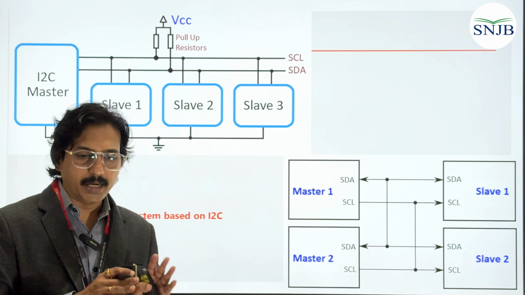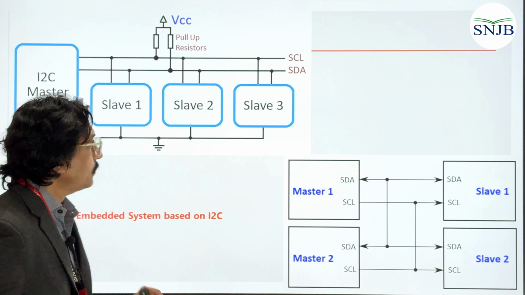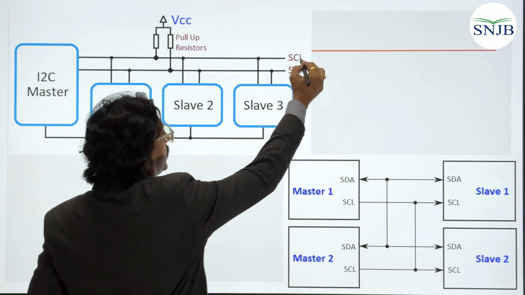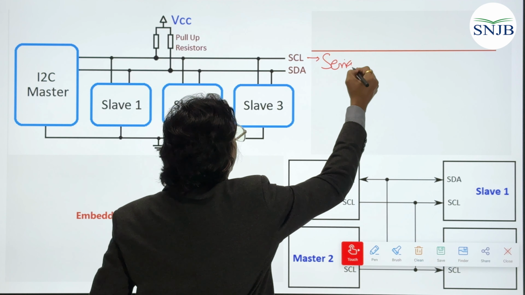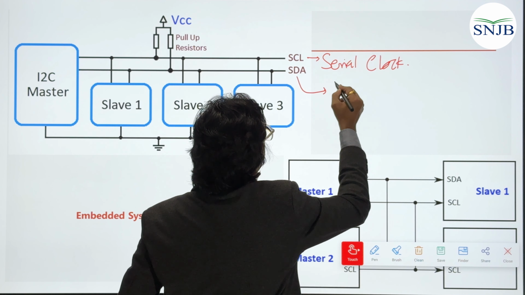So the bus master plays a role in controlling the bus. That bus master has two lines. One line is the serial clock. This is treated as a serial clock, and this is treated as serial data.